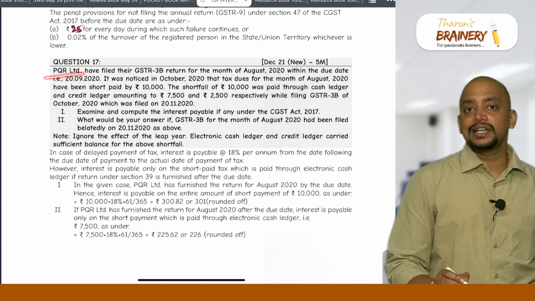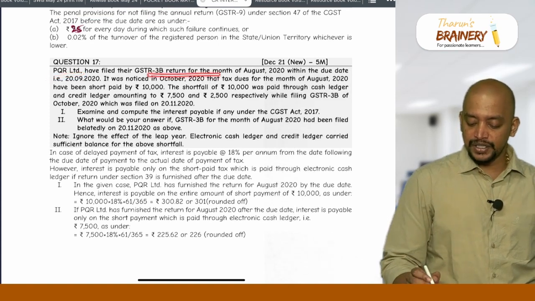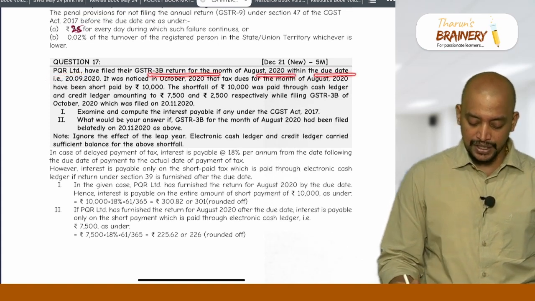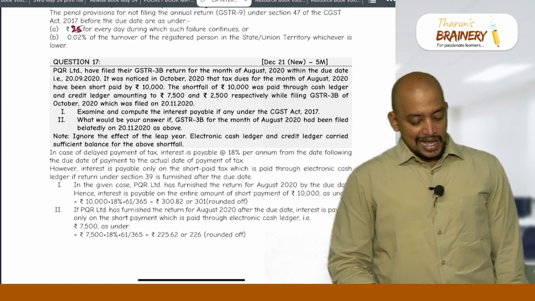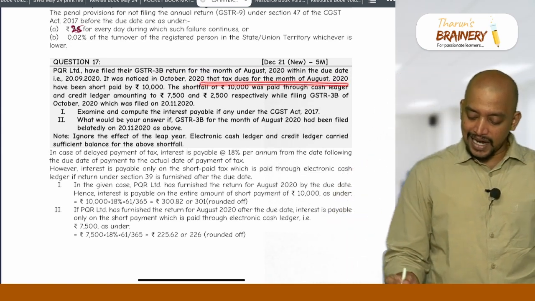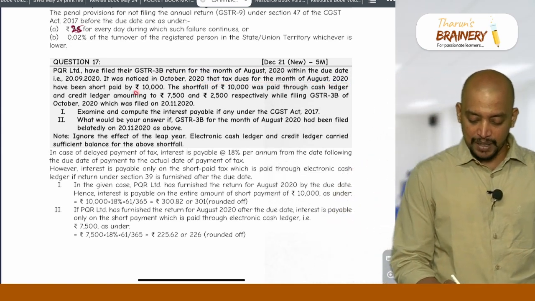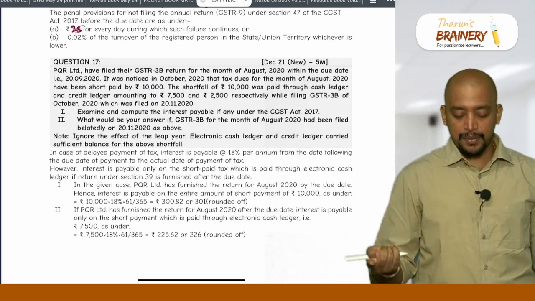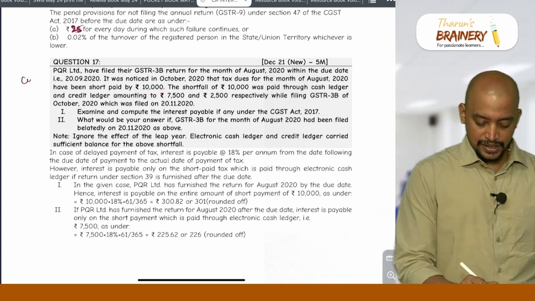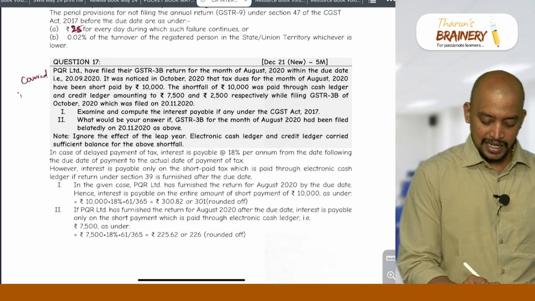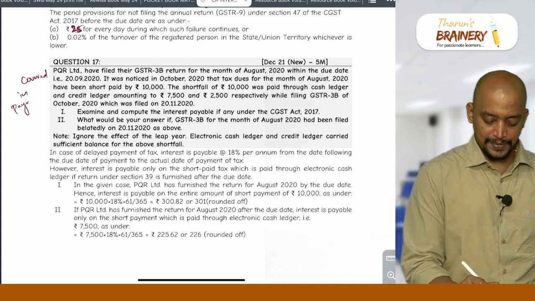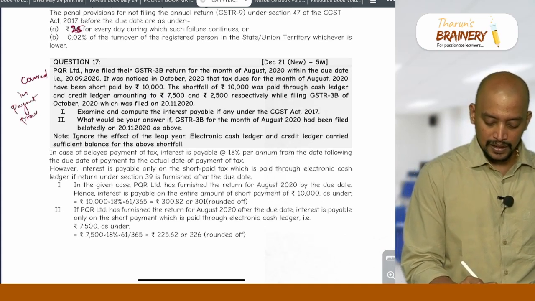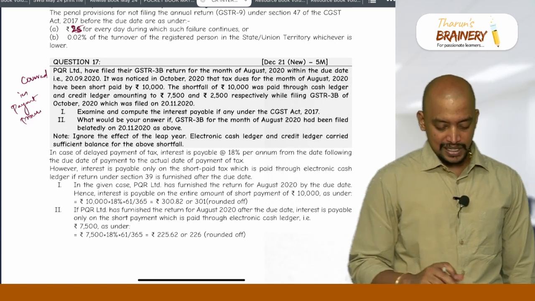Question number 17. PQR Limited have filed their GSTR 3B for the month of August 2020 within the due date. It was noticed in October that the tax dues for the month of August have been short paid by 10,000. Already we discussed this question, in the payment process. The same illustration we discussed.